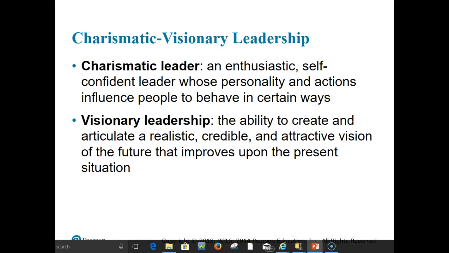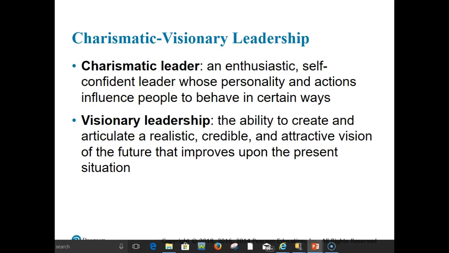Now, although the term vision is often linked with charismatic leadership, visionary leadership is different. It's the ability to create and articulate a realistic, credible, and attractive vision of the future that improves on the present situation. This vision, if properly selected and implemented, is so energizing that it, in effect, jumpstarts the future by calling forth the skills, talents, and resources to make it happen.